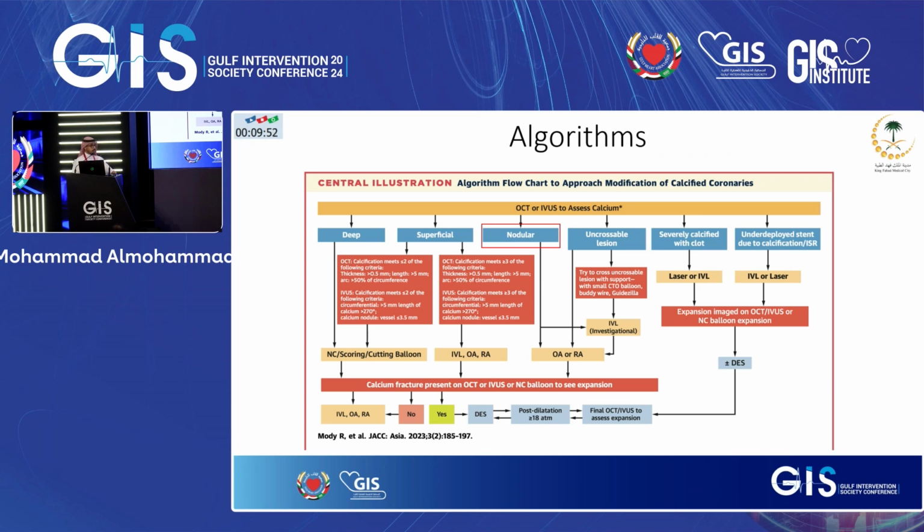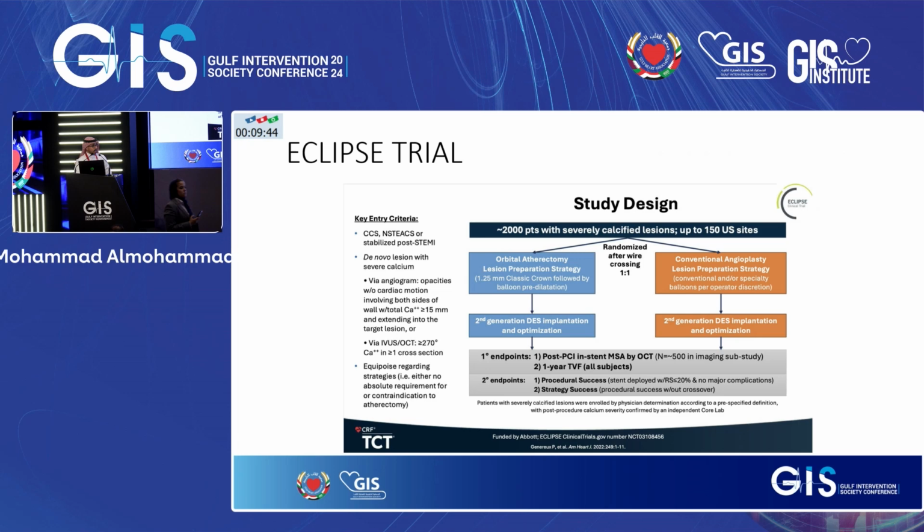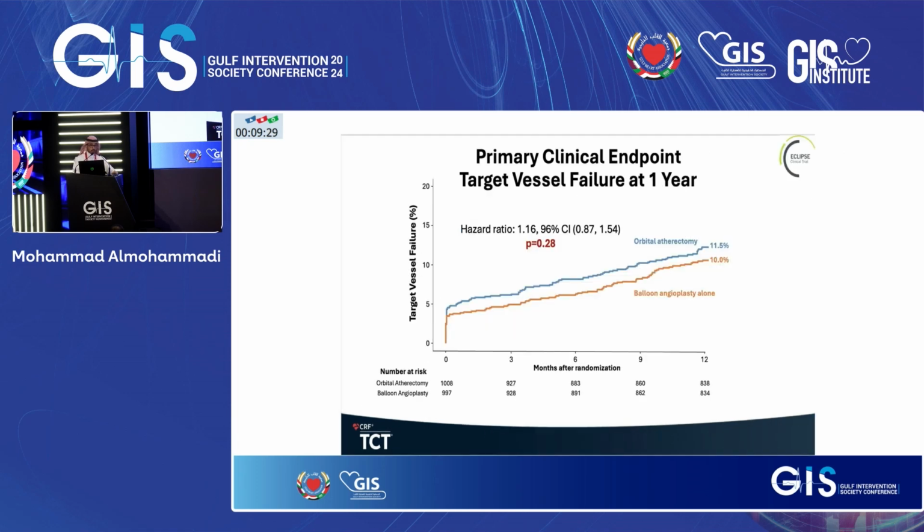If there is a calcium nodule, as you can see highlighted in red here, the option mainly is to go for atherectomy or IVL. I would like the panelists after my lecture to talk a little bit about the CLIPS trial that was published at TCT. We don't have the full data yet, but basically it's conventional balloon angioplasty versus atherectomy, and there was no difference between the two.